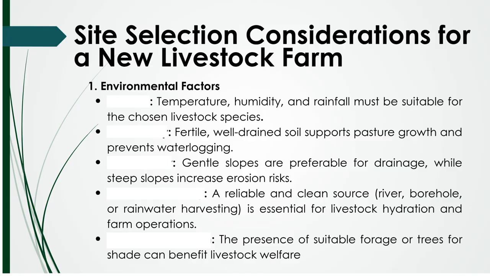So they cannot harvest the forage using a tractor or machine. They have to harvest the forage, the grass, manually because of the waterlogging on the pasture.